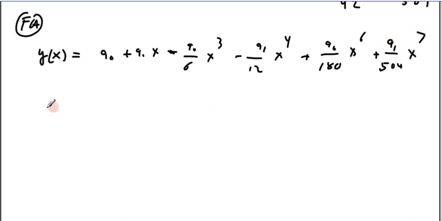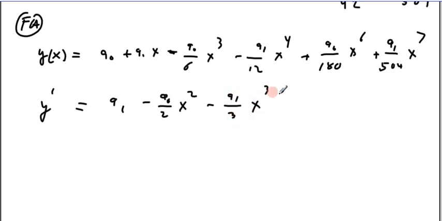Okay, and then we need the first derivative. a1 minus a0 over 2 x squared minus a1 over 3 x cubed plus a0 over 30 x to the 5th plus a1 over 72 x to the 6th.